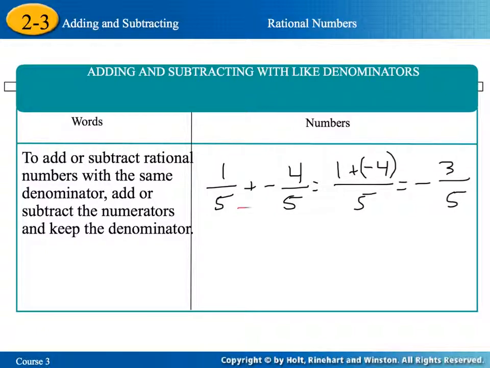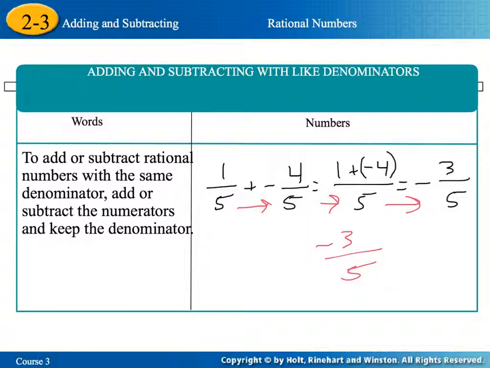But notice how I kept the same denominator the entire way. I get a negative 3/5 because 1 plus a negative 4 is a negative 3. You could write it like that. You could also write it as negative 3/5. That is also the exact same thing. But just remember, you add or subtract your numerators, you keep the same denominator.